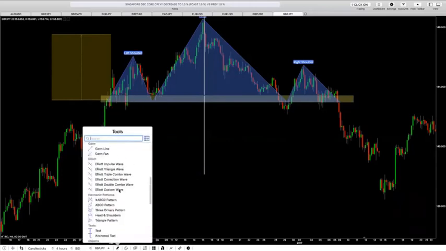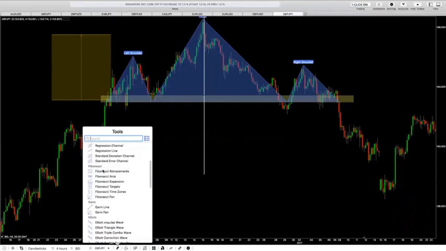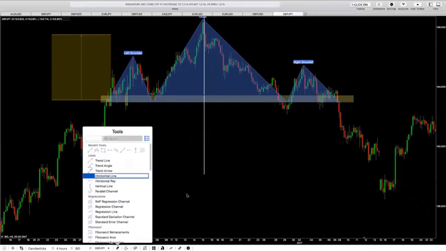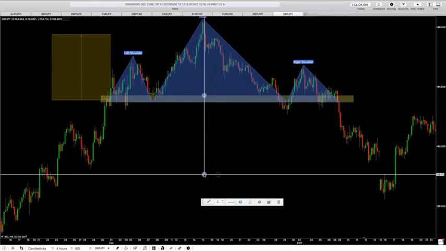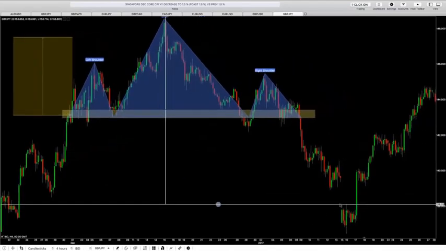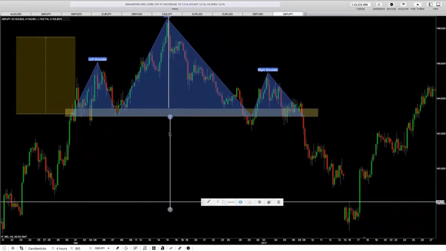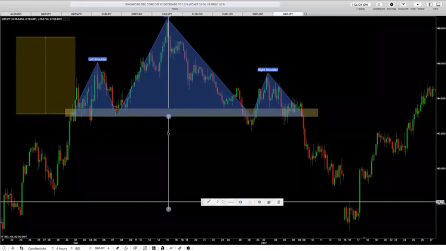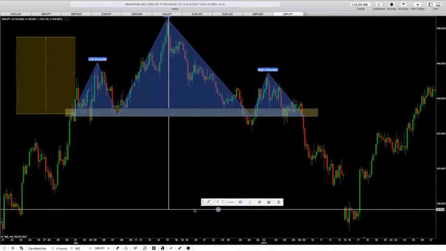Then I will get a horizontal line and put it right at the base, and this gives me my take profit level in the market. So this is 100% of my move. As you see here, I can actually put it a little bit lower, right here by the wick, and I would still have gotten my entry right here.